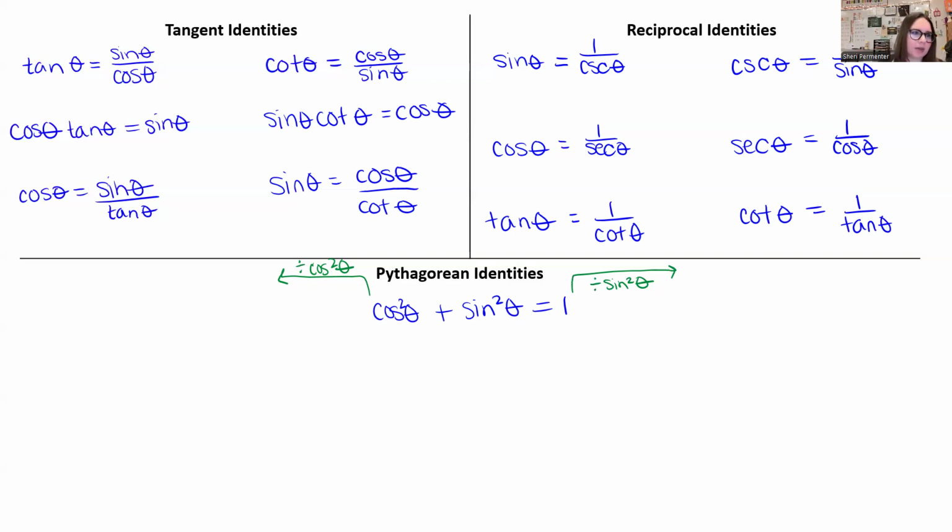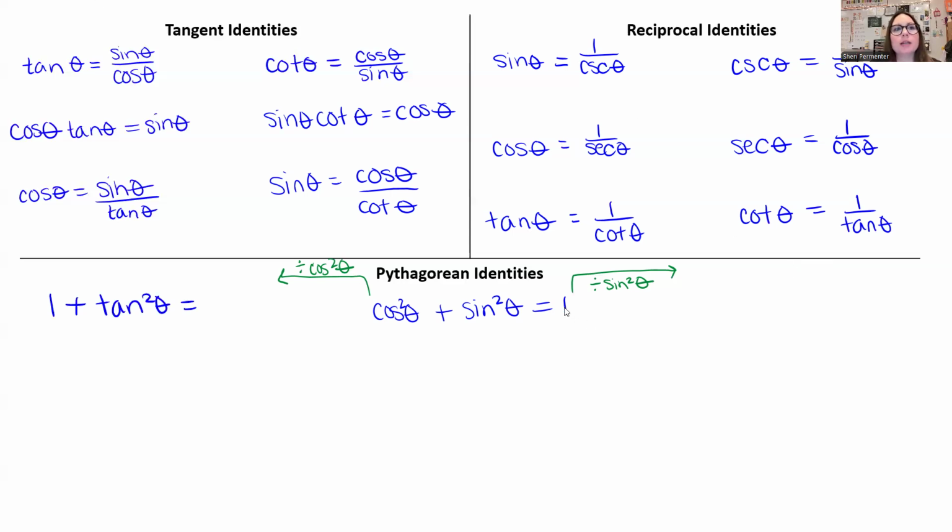Okay, so we get 1. What's sine squared divided by cosine squared? Look over here. Tangent squared. Very good. So this becomes tangent squared.